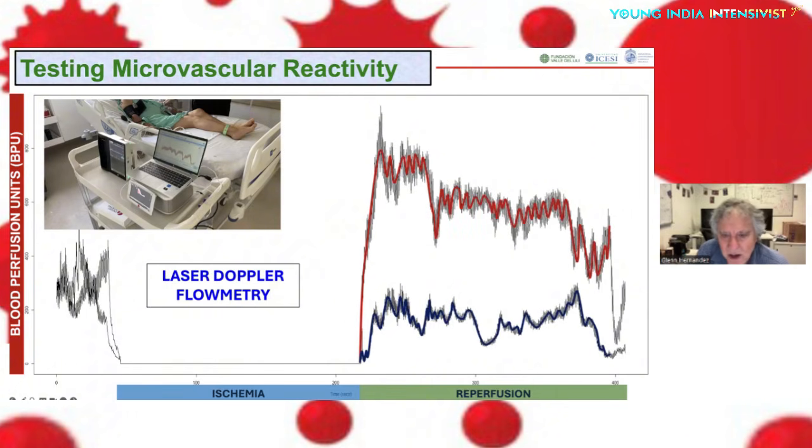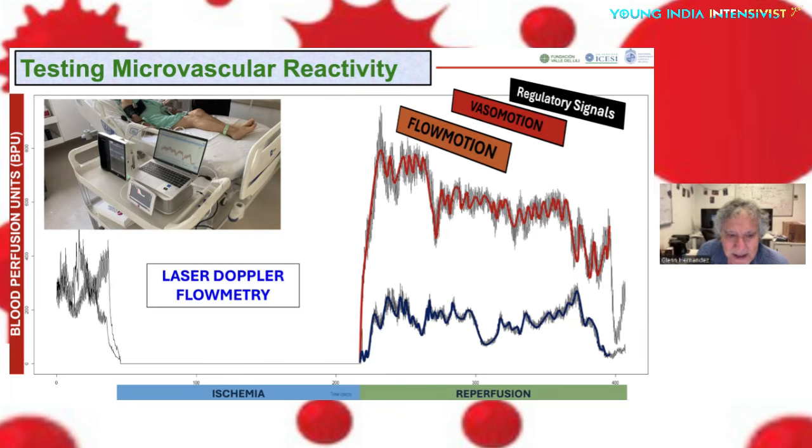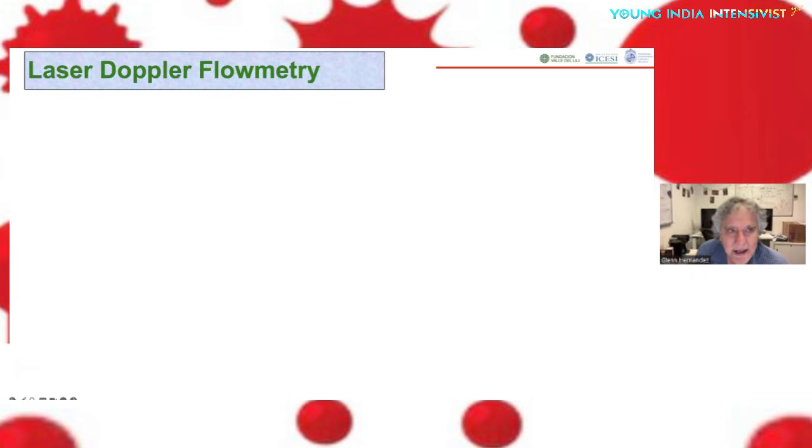And then he can decompose this laser Doppler signal after the vascular occlusion test with very complicated techniques derived from the Fourier equation and other things that I don't understand very well. But he can differentiate when, after the vascular occlusion test, there is a pathological response where the flow does not recover, related to regulatory signals, vasomotion, flow motion, etc.